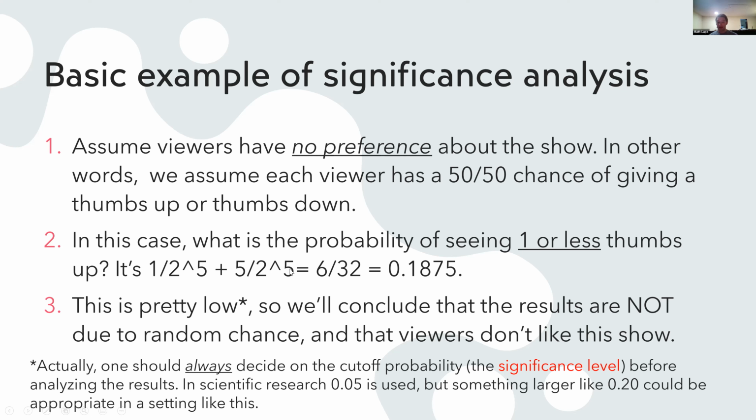So we've got 5 viewers, and each of them has 2 options. That gives us 2 to the 5th power, which is equal to 32. That's the total number of possible outcomes of thumbs up or thumbs down for these 5 viewers. And we want to just consider the cases where there's 1 or fewer thumbs up. So if there's 0 thumbs up, there's only one way for that to occur.